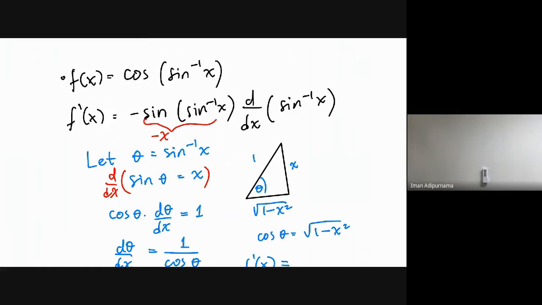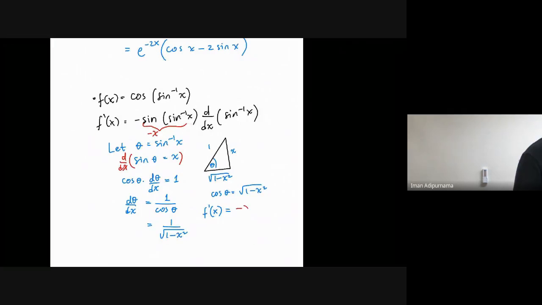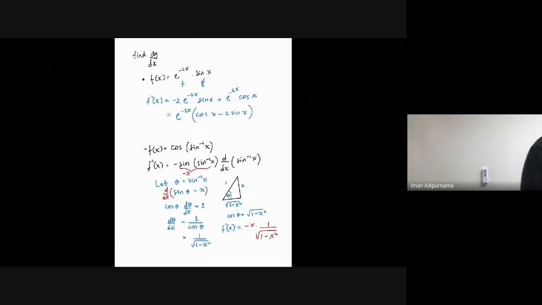It's the inverse property. Okay. So it will be minus x multiplied by 1, or negative x over this.